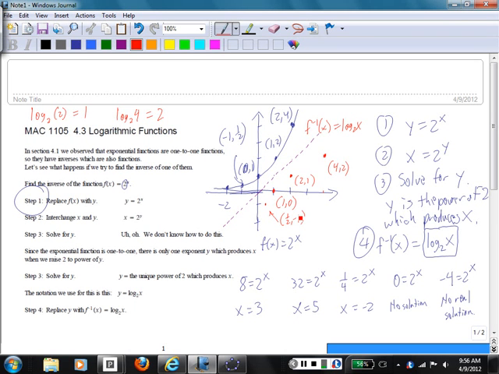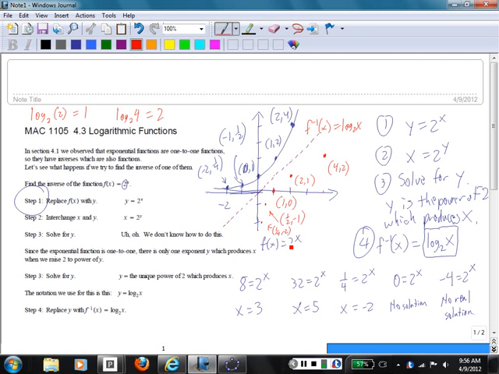Not too tough, right? Just interchange x and y coordinates and plot the corresponding point. This one was, and still is, negative 2, 1/4. And so that's going to give us the point 1/4, negative 2.